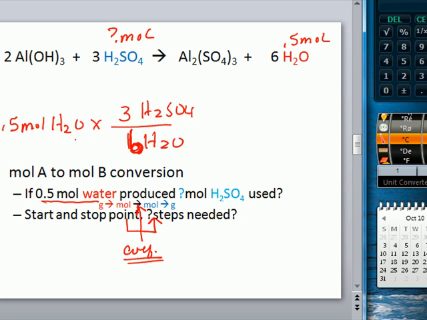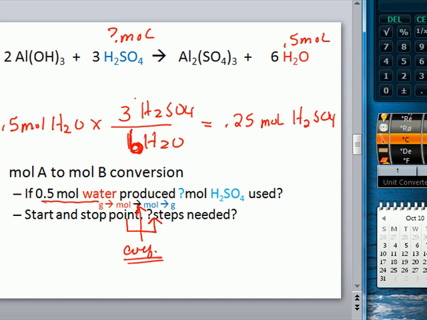So I've got 0.5 times 3 over 6, which actually reduces to 1/2, but I do want to put in the 3 and the 6. So we'll actually have half that. So I would need 0.25 moles of sulfuric acid.